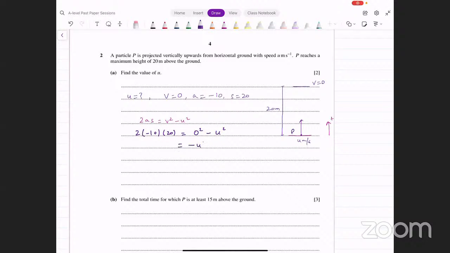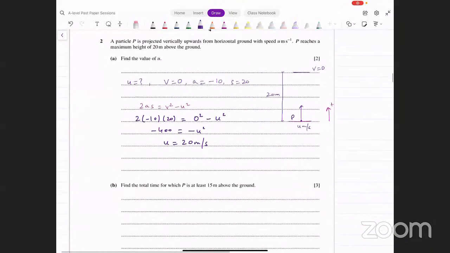We get minus u square equals -400. और u की value आपके पास यहाँ से क्या आ जाएगी? I think it's going to turn out to be 20. 400 का square root 20 होगा, और minus cancel हो जाएंगे, और ये आपके पास आ जाएगा 20 meters per second. ठीक है? Makes sense? Let's move on to the next part.